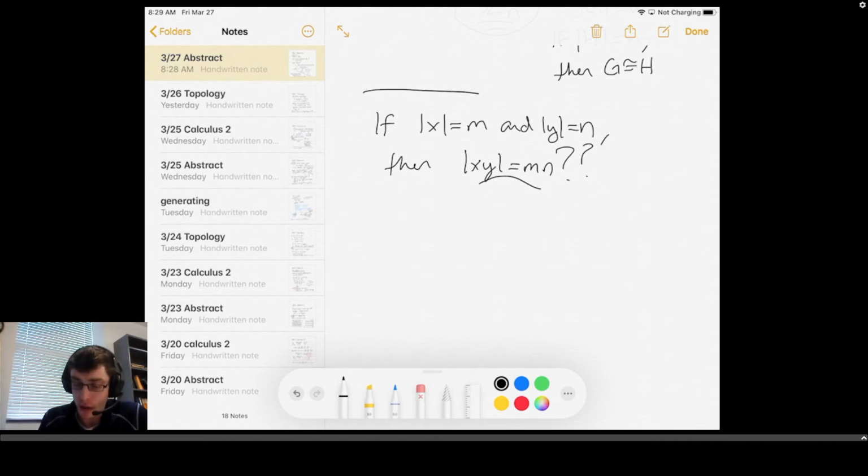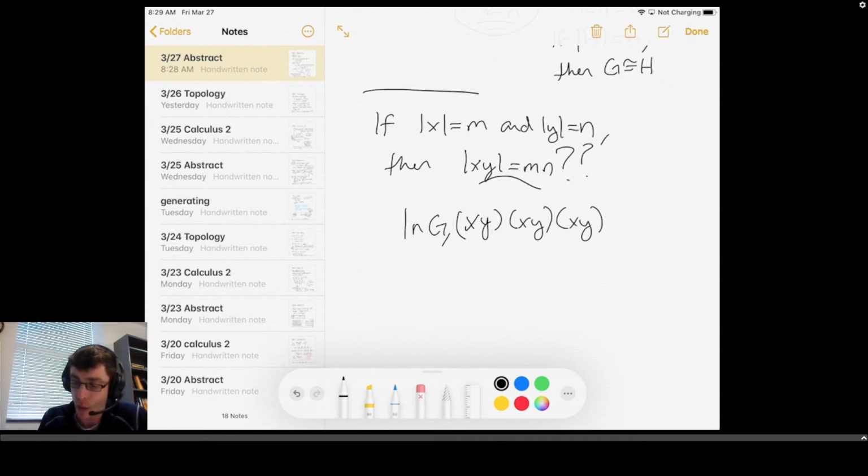No. xy is the operation of the group, and mn is just the number, because when we talk about order, we are always just talking about numbers. This is saying xy times xy times xy, in G with our multiplication.